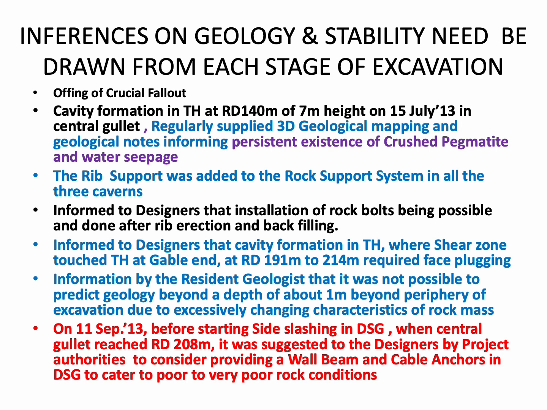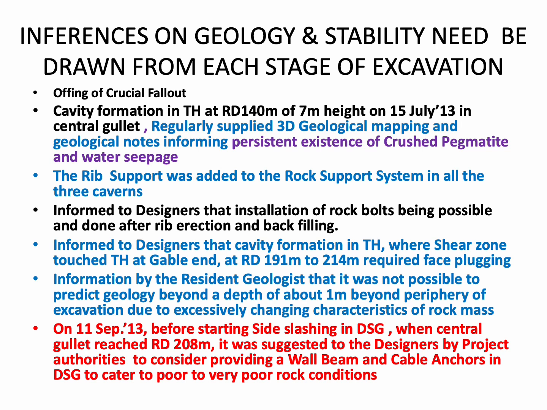At this stage, before proceeding with side slashing to increase the width of the excavated Central Gullet, the project authorities requested the designers, CWC, that wall beam and cable anchors be provided for the poor to very poor rock conditions to be met in the Downstream Surge Gallery at least.